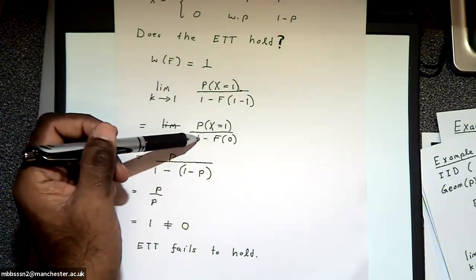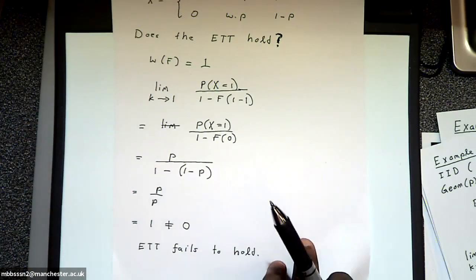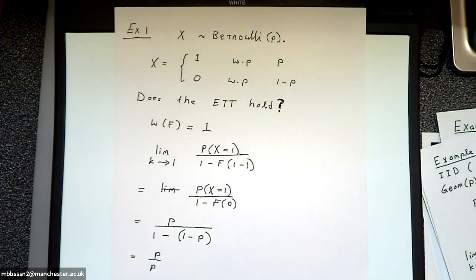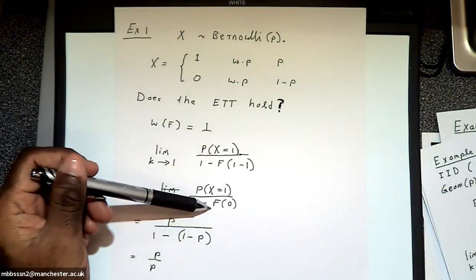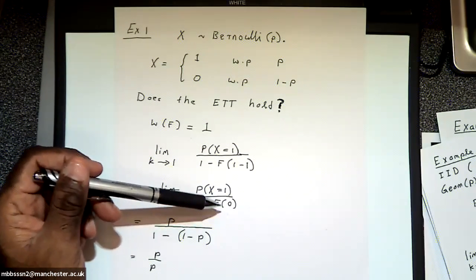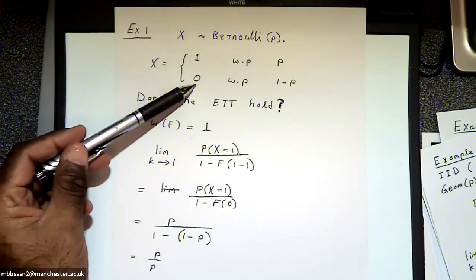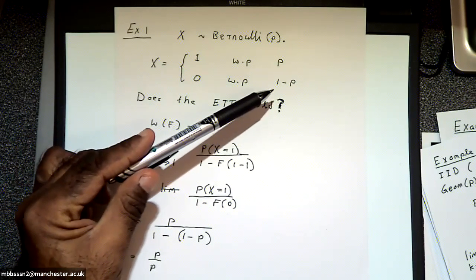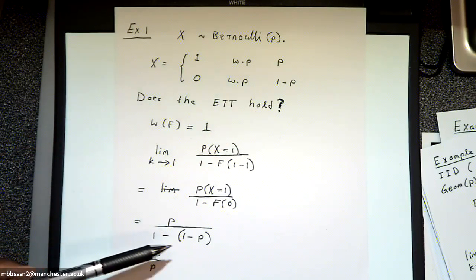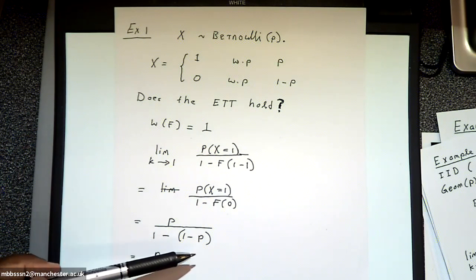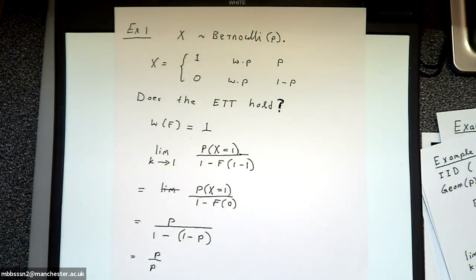The probability x equal to 1 is p, and the CDF at 0 is simply the probability that x equal to 0, which is 1 minus p. So you have p divided by p, which is 1, which is not equal to 0.